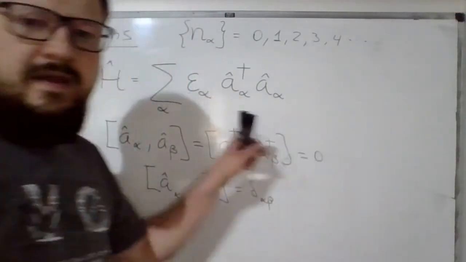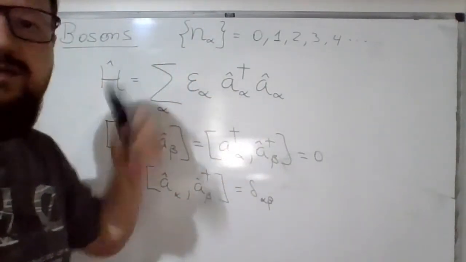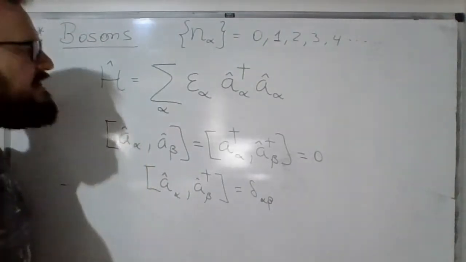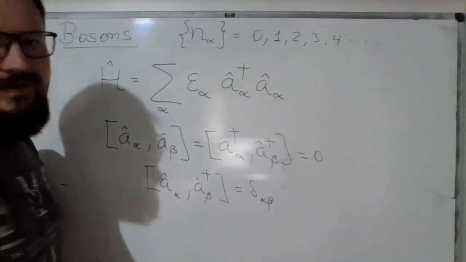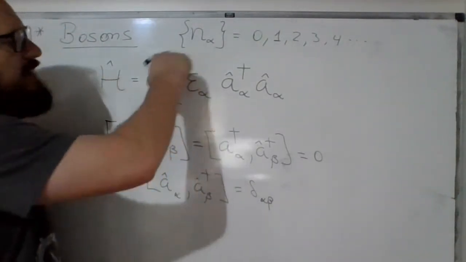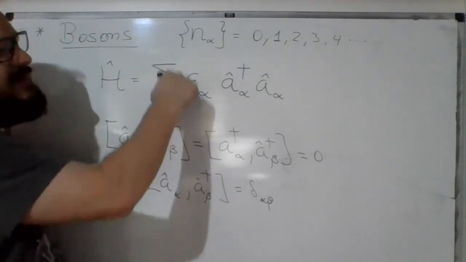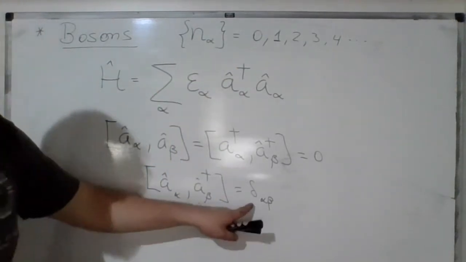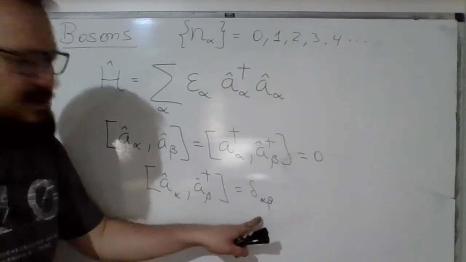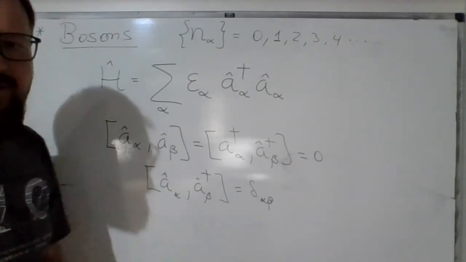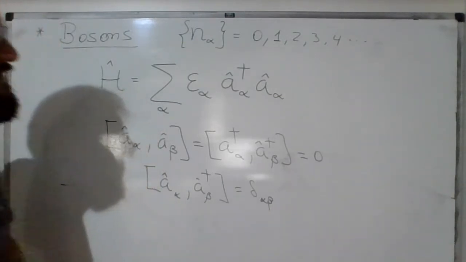So it is a discrete set of states. If you have a continuous set, it is replaced by some integral over the energies, and the Kronecker delta is replaced by a Dirac delta of the indices relating to those states. Okay.